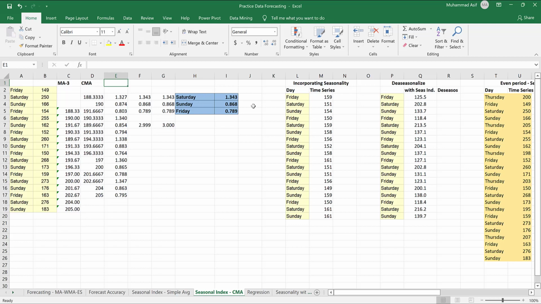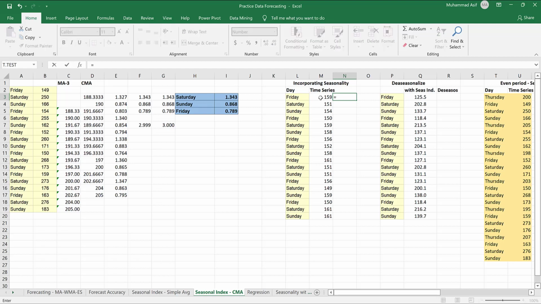Now the next step could be that, let's say for example we have this data, Friday, Saturday, Sunday, and this is a time series, just some random numbers, and you want to incorporate seasonality. You know that this is just data and it does not include the seasonal element. So what we do is multiply each value by the seasonal index.